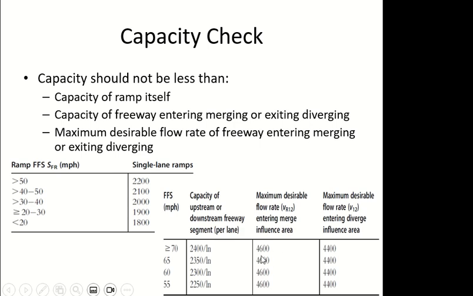For the merge area, the maximum V12 is 4600, and for the diverge area, the maximum is 4400. If you exceed these values, we will put a note after the analysis that the actual speed could be lower than what you are calculating, and the actual density could be higher than what you are calculating. So this check is like a limit for the analysis.